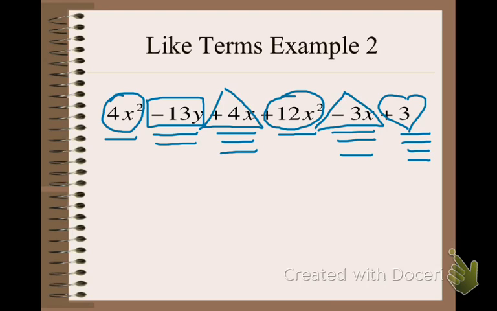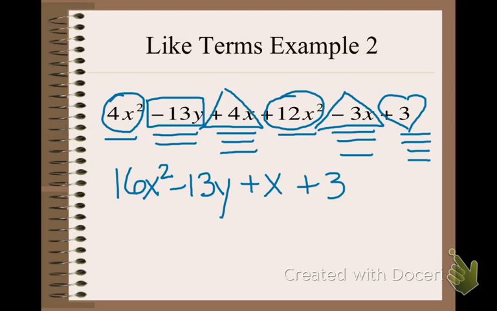So 4x squared plus 12x squared is going to be 16x squared. Negative 13y becomes minus 13y. My triangles here, a positive 4 plus a negative 3 is going to be a positive 1, and I don't have to write it. And then finally, plus 3.